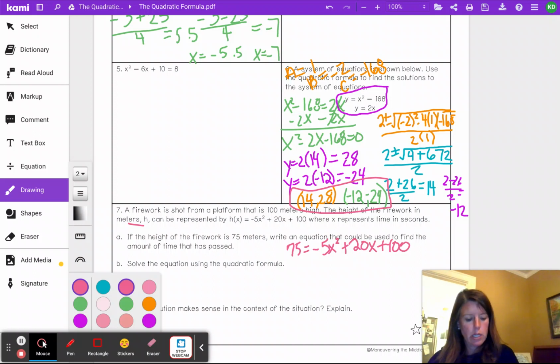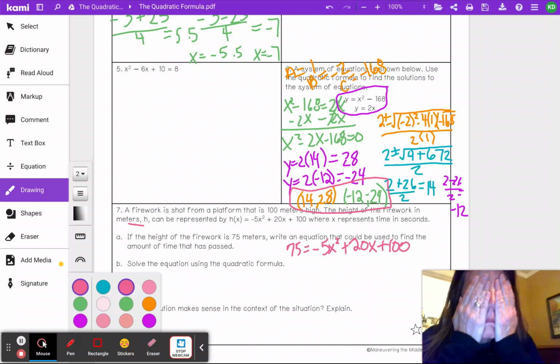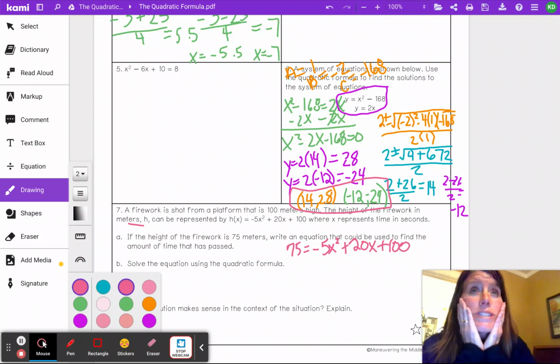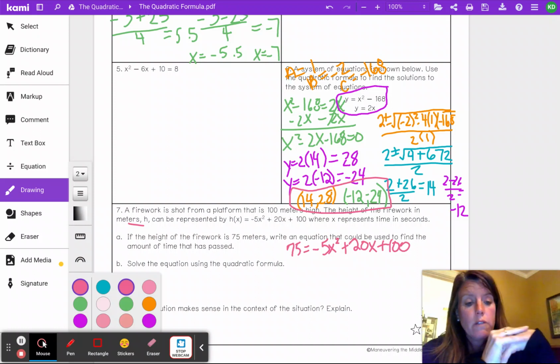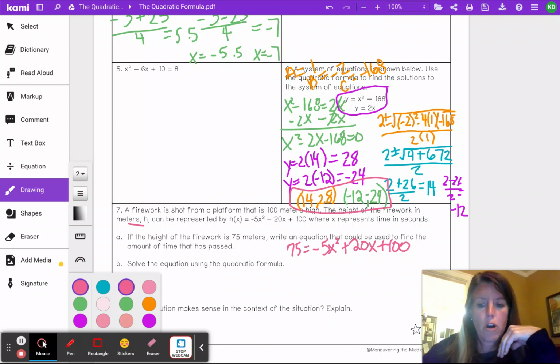Okay. So with this, the reason why we've got it as 75, again, is because that's what this is telling us. If it is 75 meters high, we're going to put 75 in for our h of x. And then we are going to solve.